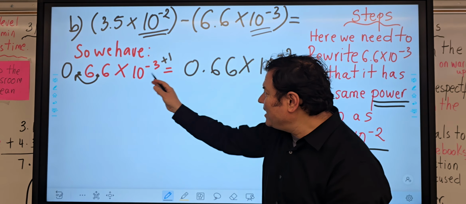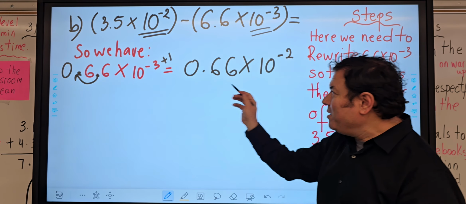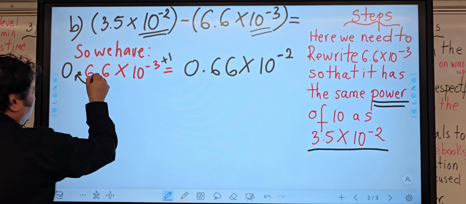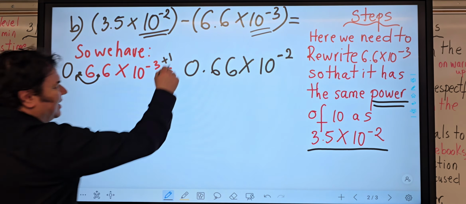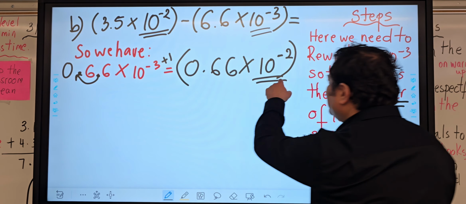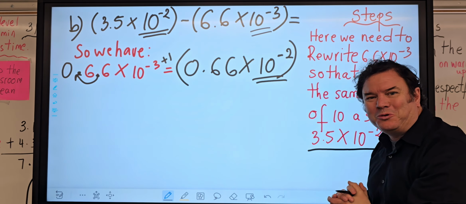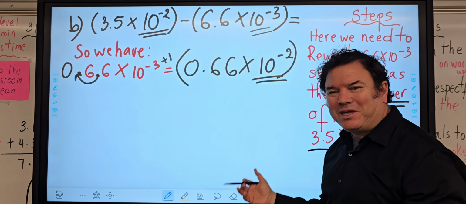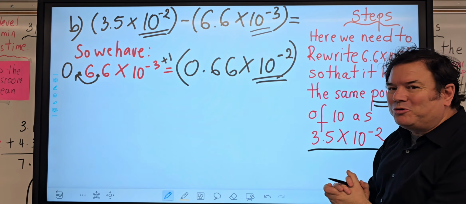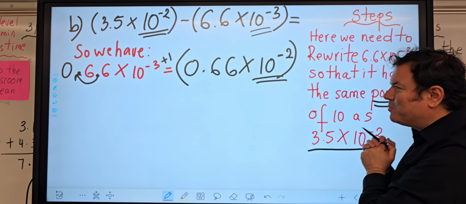Now this 10 to the negative 3 becomes 10 to the negative 2 because we moved the decimal to the left one place. And now we have this. And we can clearly see that 10 to the negative 2 matches 10 to the negative 2 at the top. And now we can factor 10 to the negative 2 and use the reverse of the distributive property.